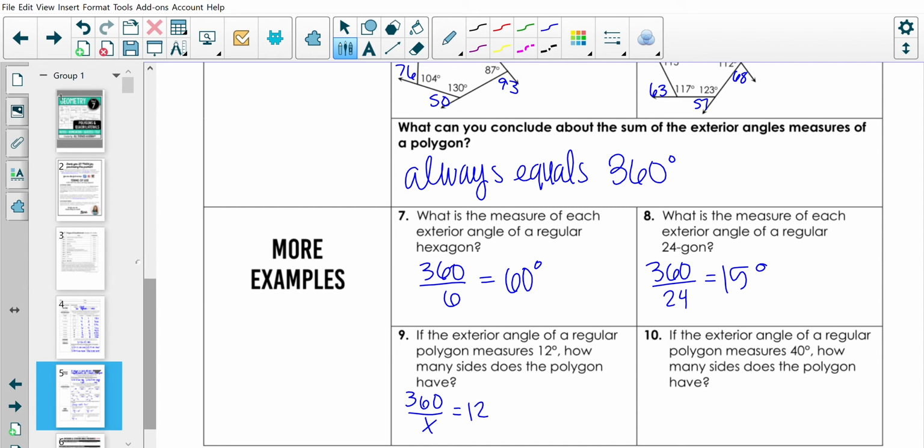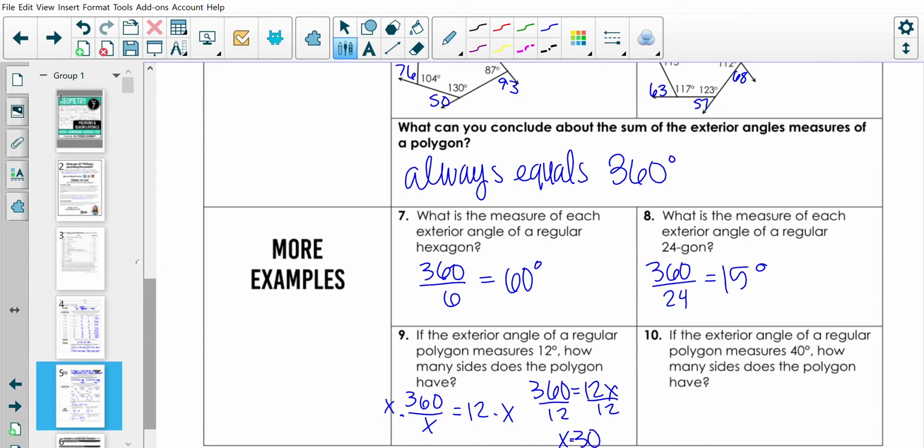You multiply to get rid of an x on the bottom. So you end up with 360 equals 12x, and then we do what to get rid of the 12? Divided by 12. So 360 divided by 12 is 30.